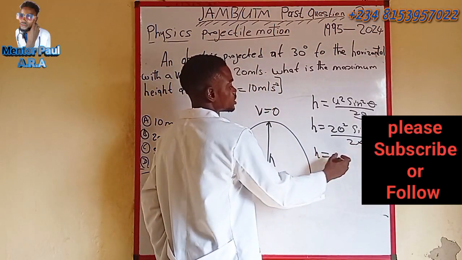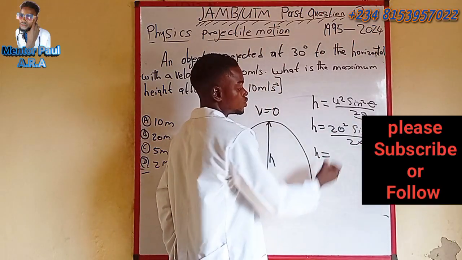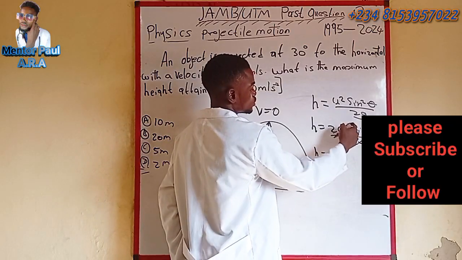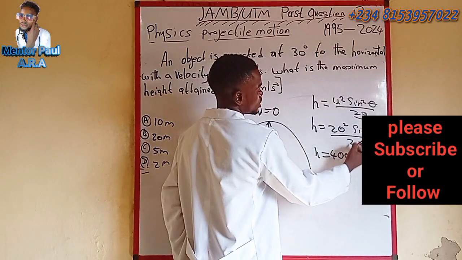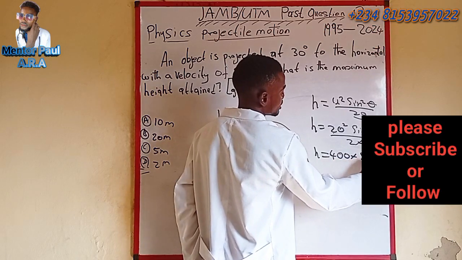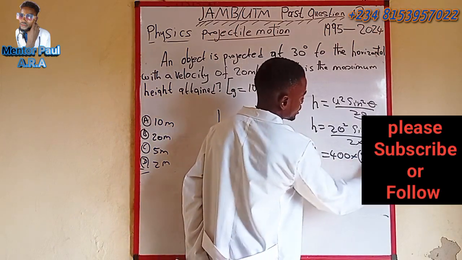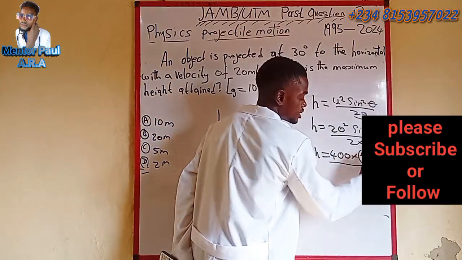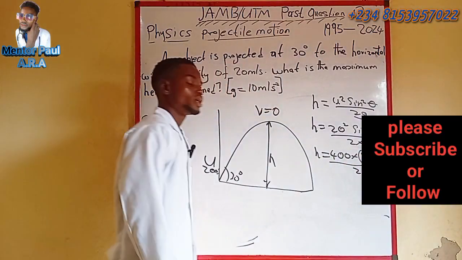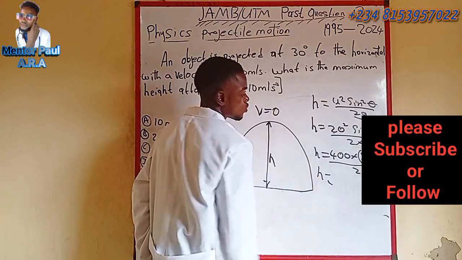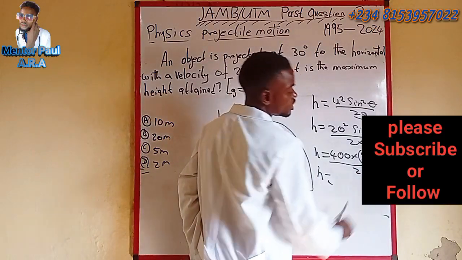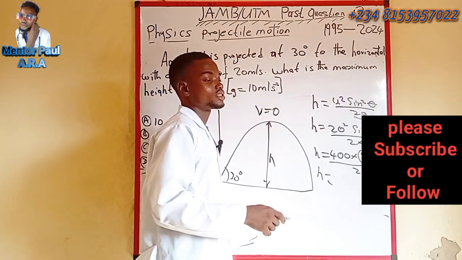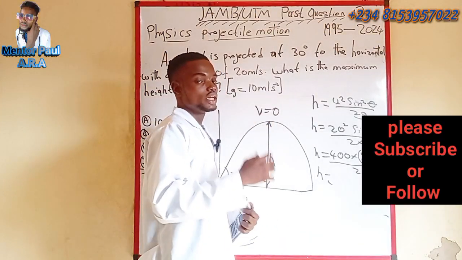Here I'm going to have h equal to 20 squared, that is 400, multiplied by sine 30 in brackets squared, and you divide it by 2 times 10, which gives you 20. Now h is equal to, sine 30 is 0.5, and 0.5 means 1 over 2 in fraction.